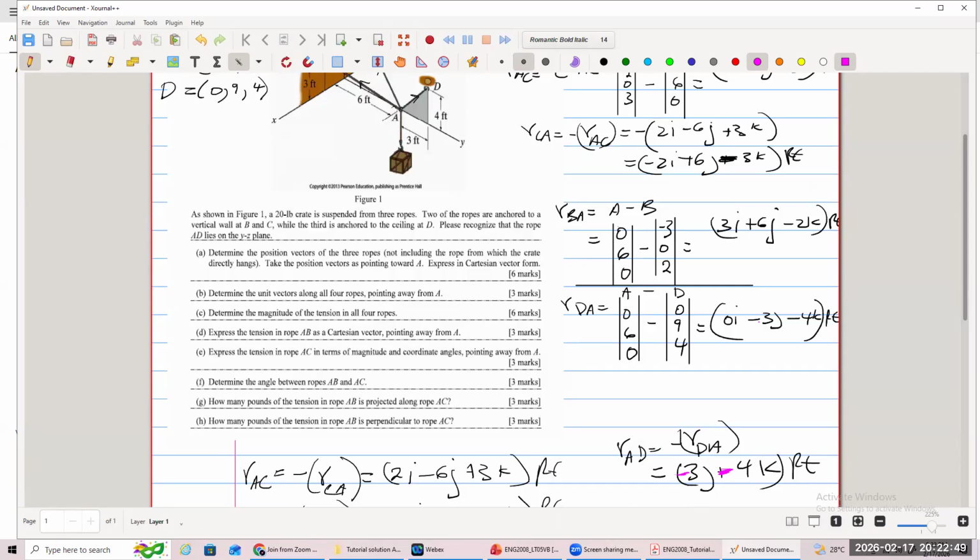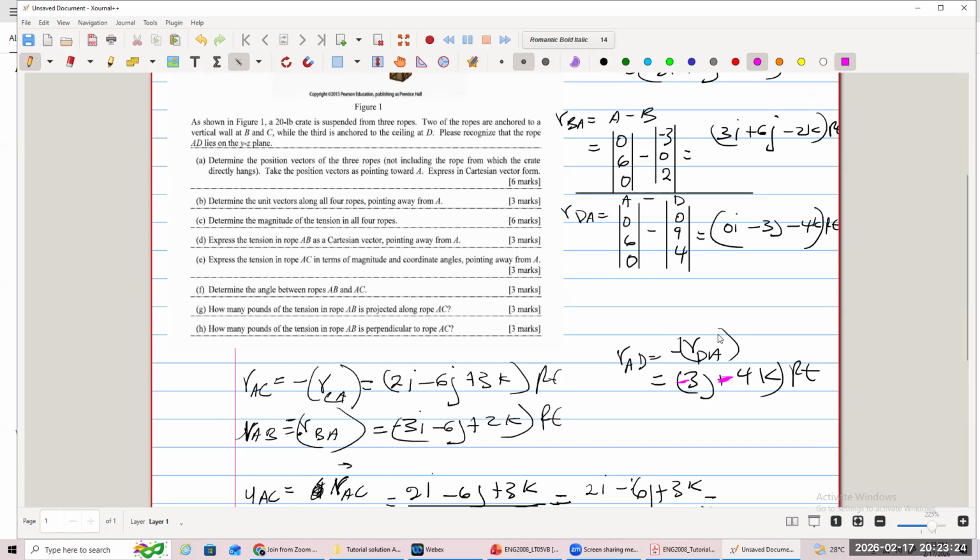We were supposed to find D going to A. Oh, so we have it wrong there. It's supposed to be minus 3. Just checking the working. Sir, the DA is correct, but for AD, when you change it to positive for the unit vector, you use minus when it's supposed to be plus.